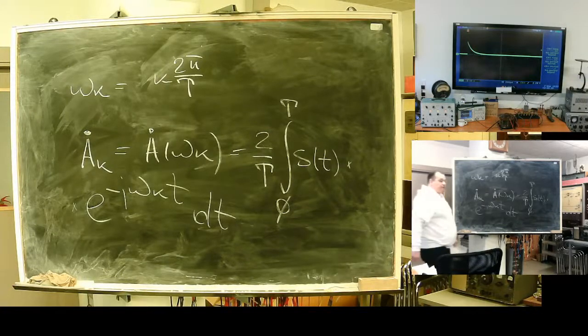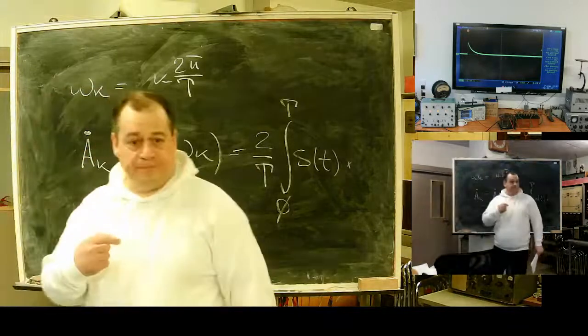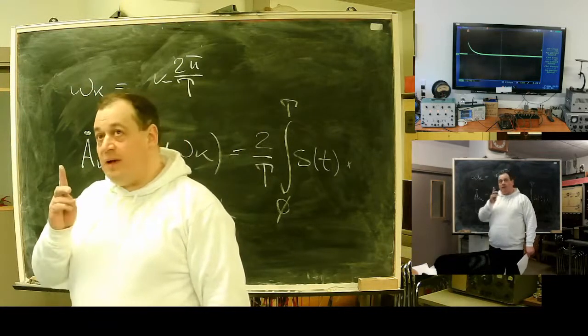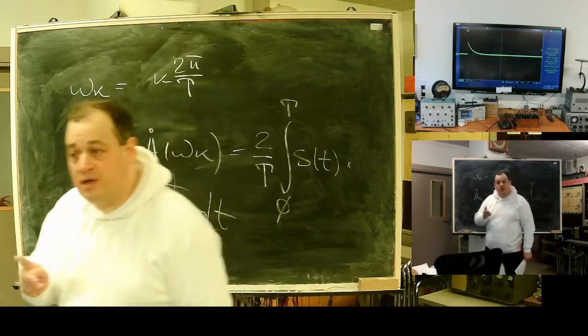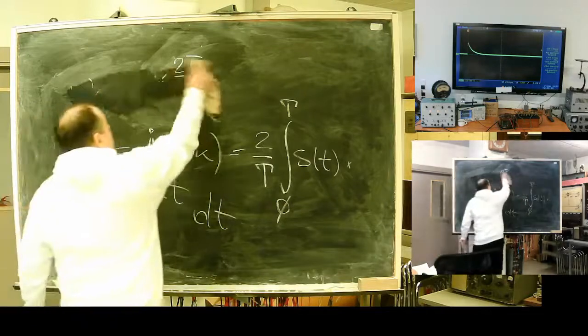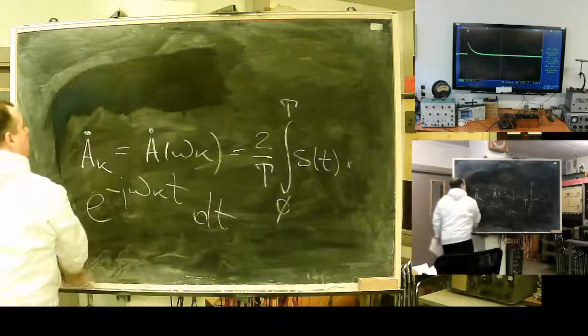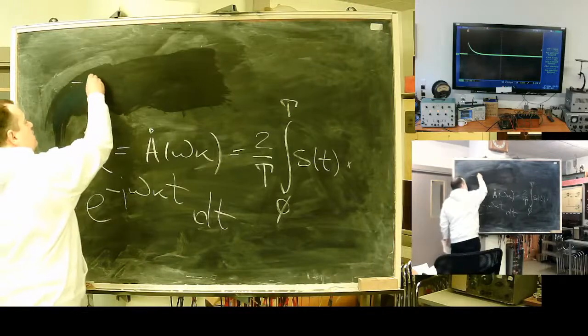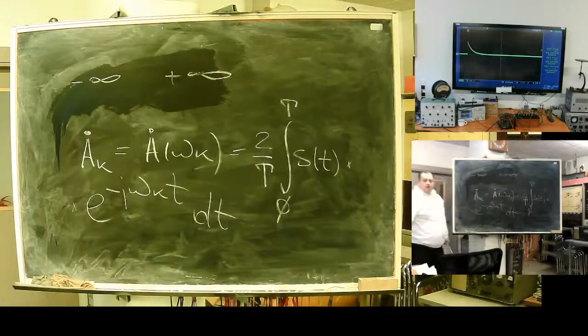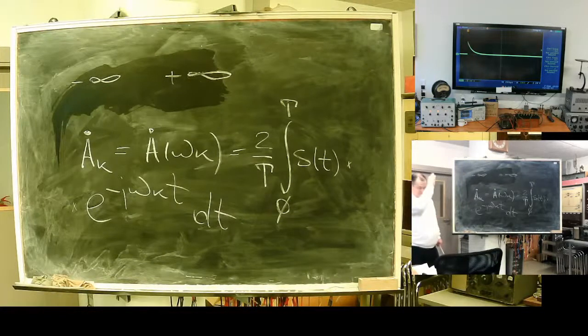Where is the observation frame for us? From 0 to the period? No, we don't have any period. In theory, see what's the problem? It's from minus infinity to plus infinity. For us, time is, if you believe, from the creation moment until the doomsday.